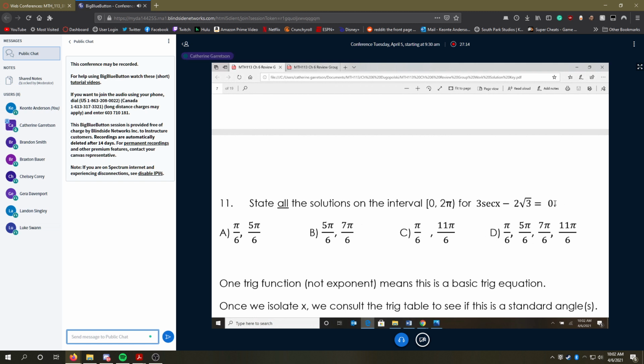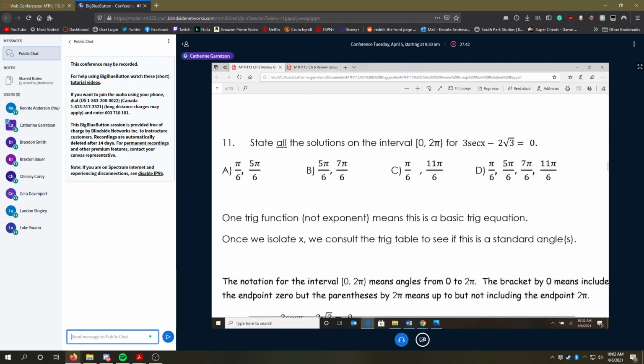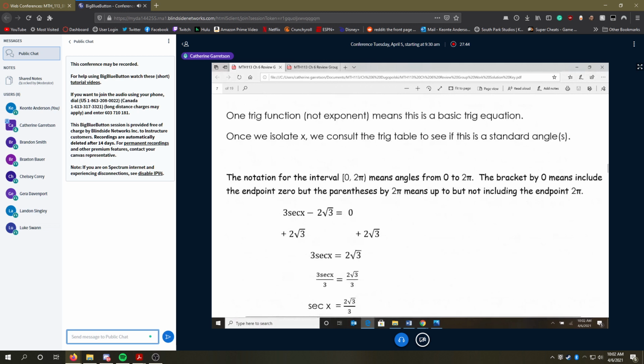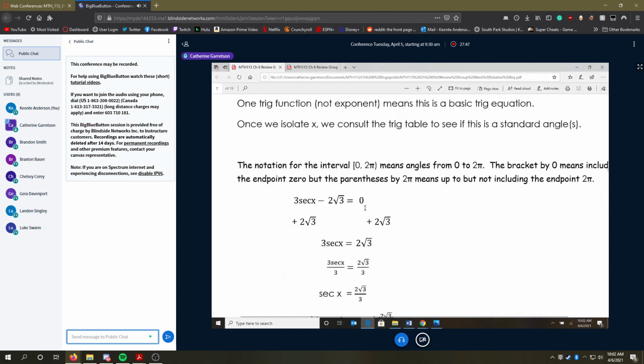Because if it's just one trig function with no exponent, this is our basic kind. To solve the basic kind, all we do is first isolate the secant. So I'm going to add the 2 root 3 to the right side, then I'm going to divide by 3. So the first step is to isolate your secant. So I add this, and then I divide both sides by 3.